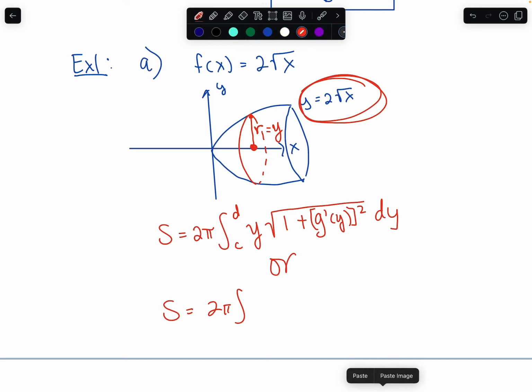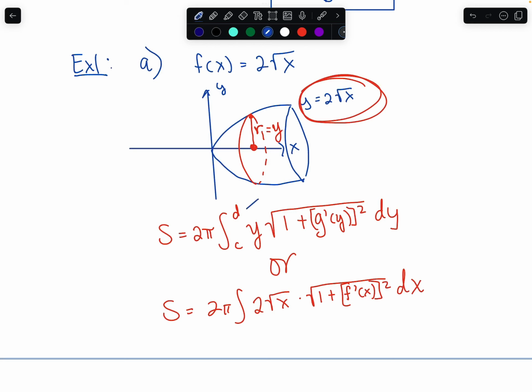So if I use 2 root x, guess what? Everything has to be in terms of x. So I have 2 root x times the arc length, which is the square root of 1 plus f prime of x quantity squared, dx.